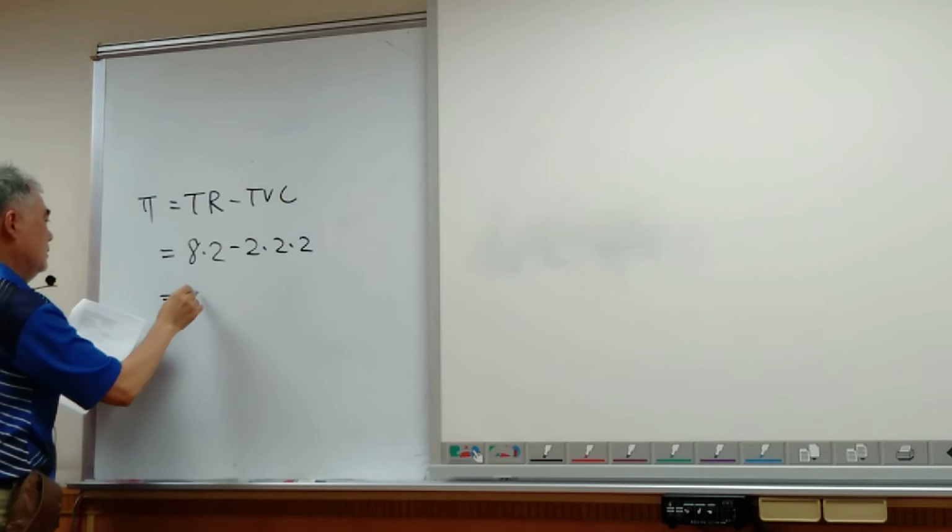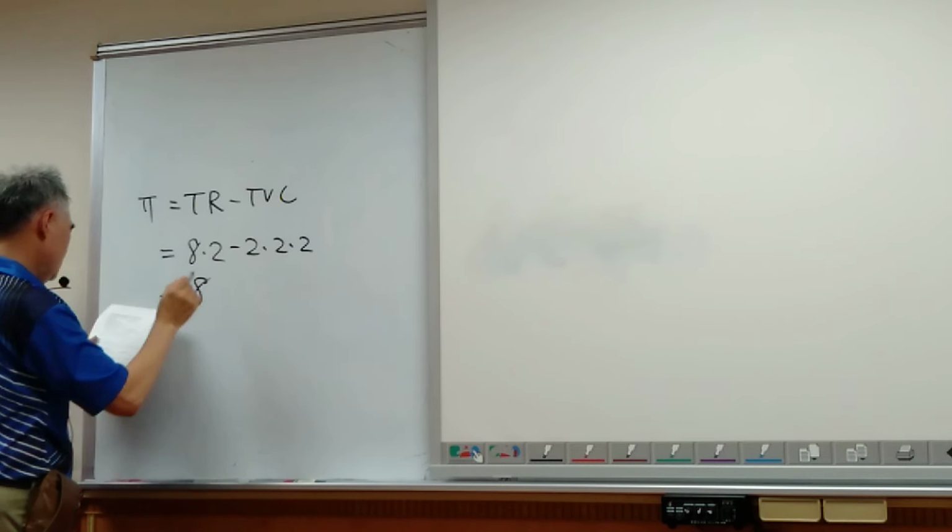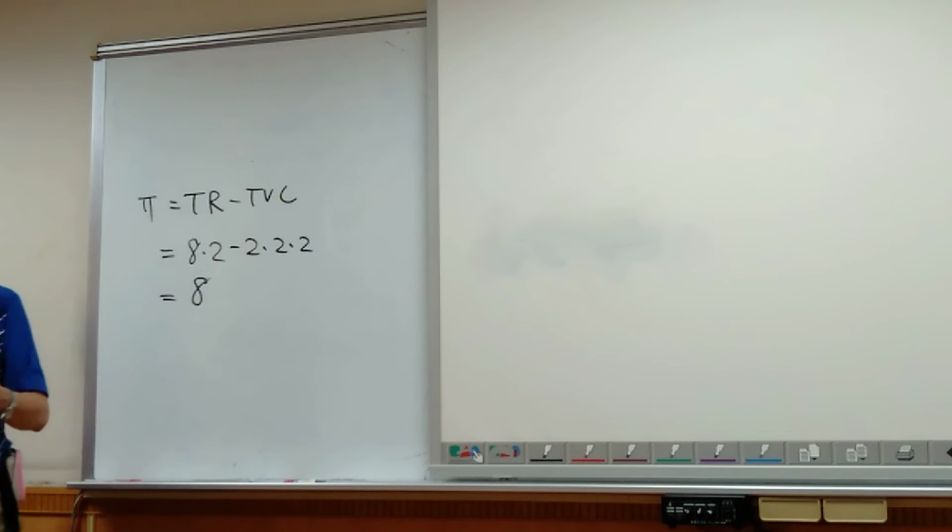You get 8. Okay? So the answer for question 15 is equal to 8. So the answer is A. Okay? Questions? Because I copied the question from the homework, so it's all the same. So it should be familiar to you.